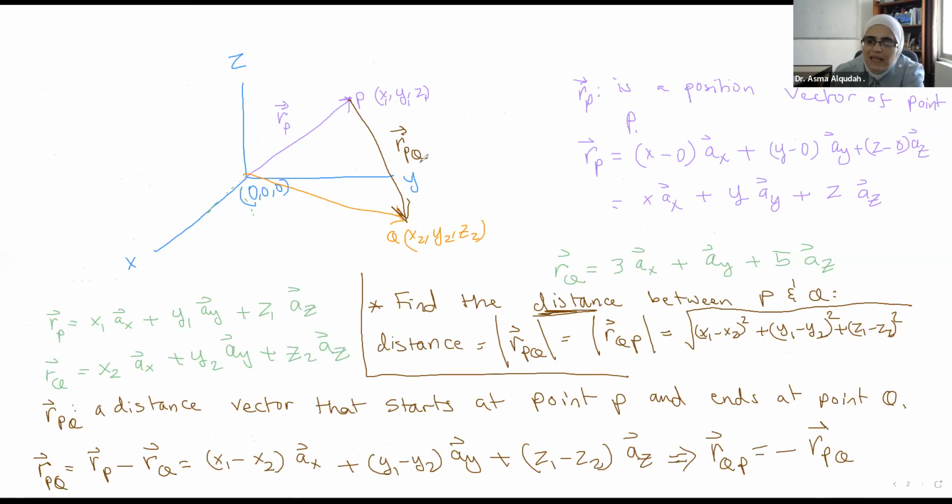When we want to find this distance vector, we use the components of the destination point minus the components of the starting point.